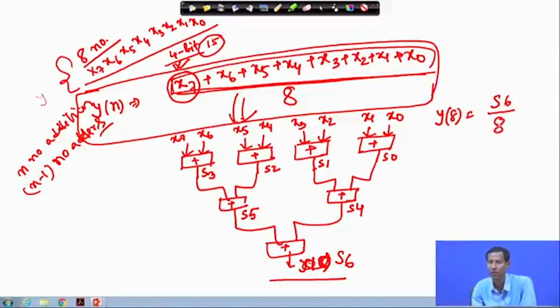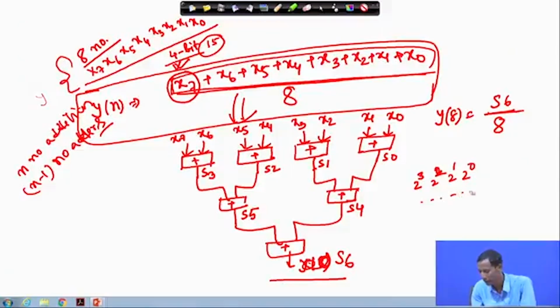divided by 8. This divide by 8 is nothing but the truncation of the last 3 LSB positions. Why? Because in binary numbers, the bits are weighted by powers of 2: 2 to the power 3, 2 to the power 2, 2 to the power 1, 2 to the power 0.